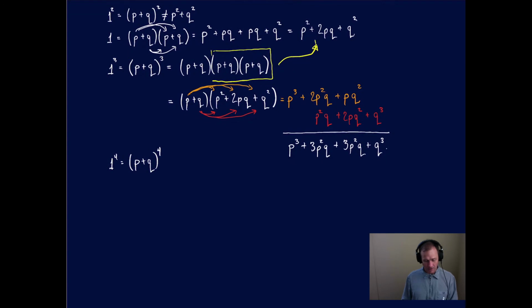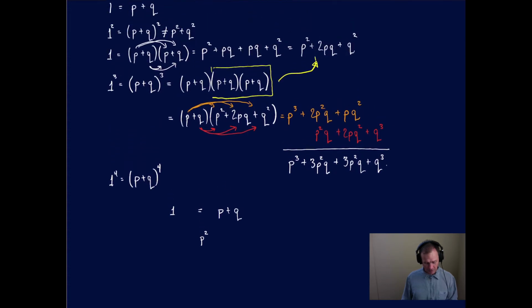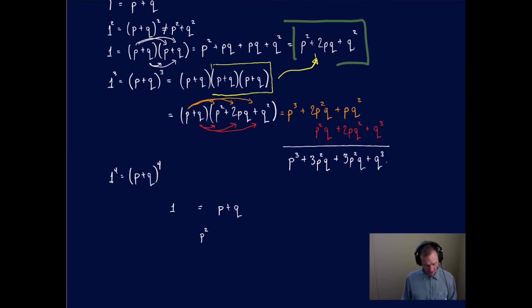But let's look at the pattern now. So here we go. We had a p plus q. And then we did it again. This time we had a p squared plus 2pq plus q squared.